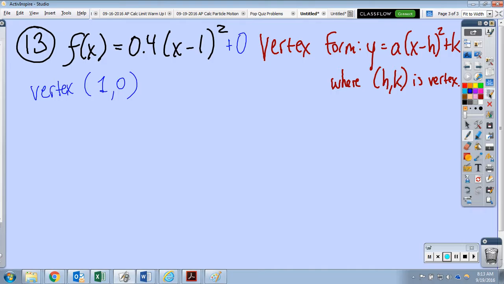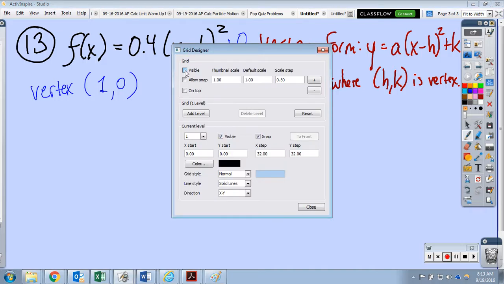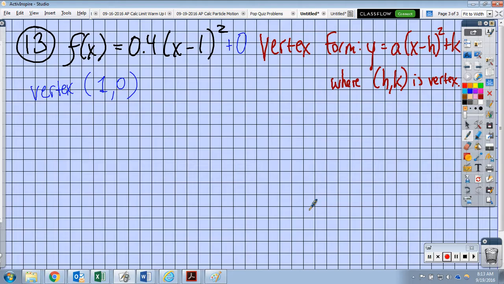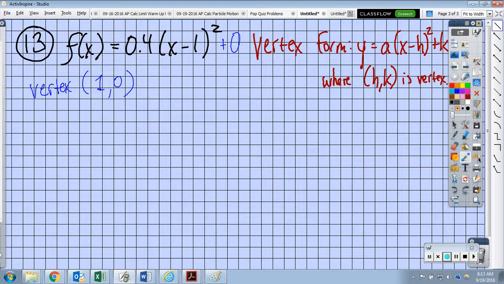Okay? Let's see if we can fit this on the same thing here. All right, the directions here just say graph the function, label the vertex and axis of symmetry. We already have the vertex. Therefore, if we have the vertex, we also have the axis of symmetry. Before we go on any further, what would that be? 1. Now x equals 1.